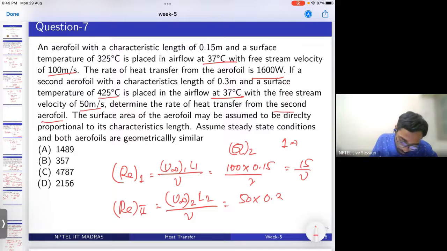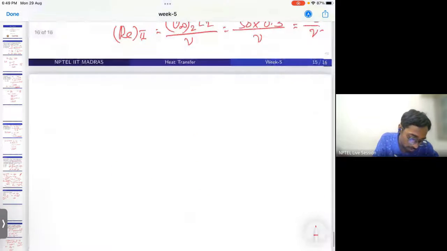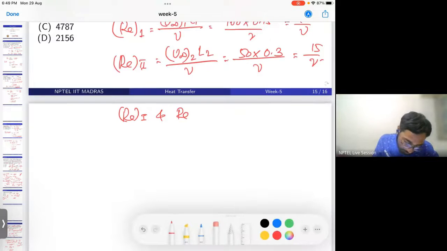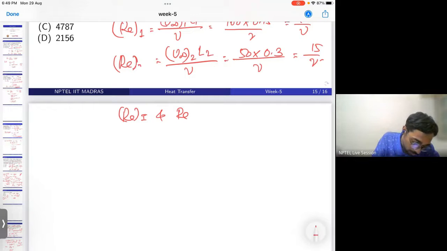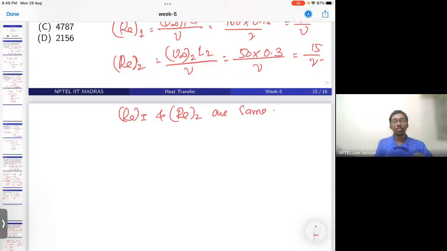So Reynolds number of 1 and Reynolds number of 2 are the same. Both situations, both aerofoils, will have the same Reynolds number, right?